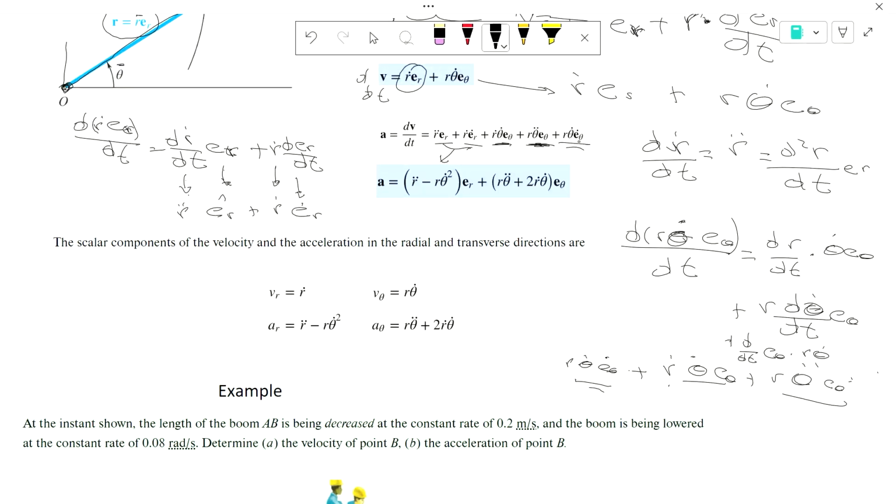If you notice, we're saying that r dot e theta is equal to r e theta dot, so we have two of them. That's what we have to do right here. The reason is, as we said before, the unit vector is not going to change magnitude, it is going to change direction. So what is captured is the change in r. That's why it's basically the same.